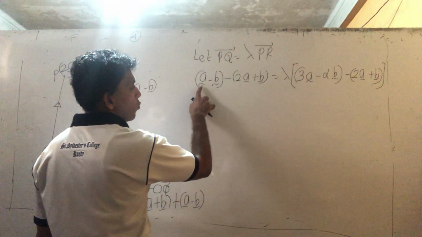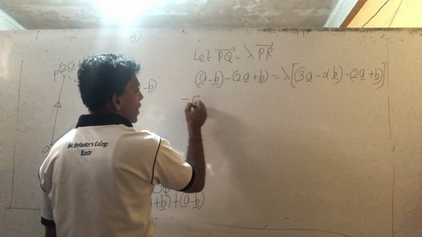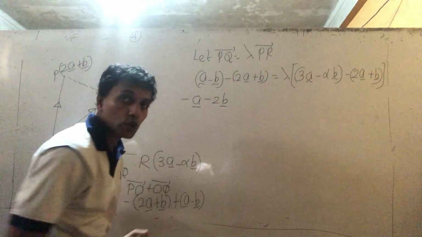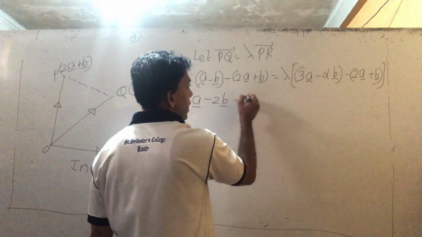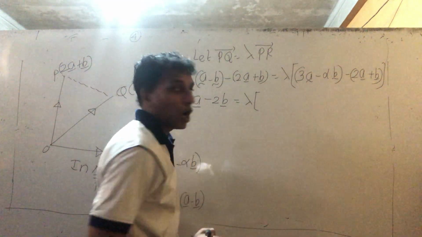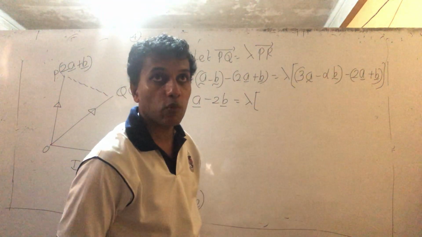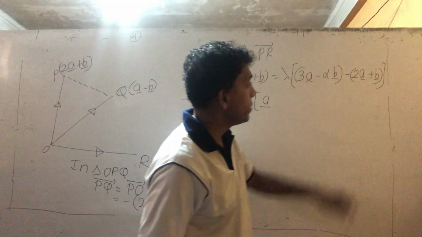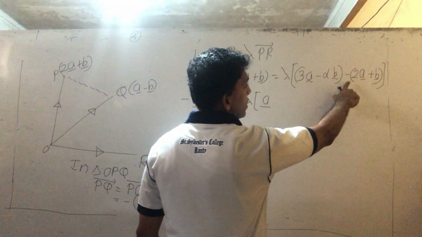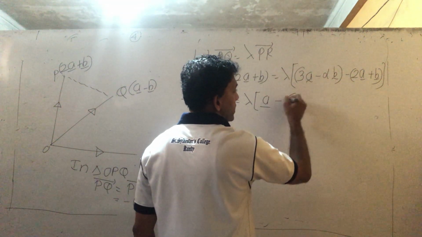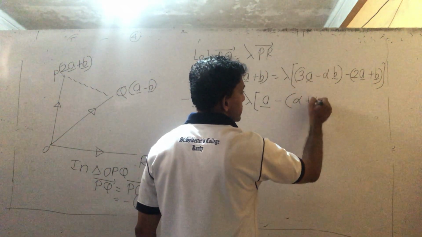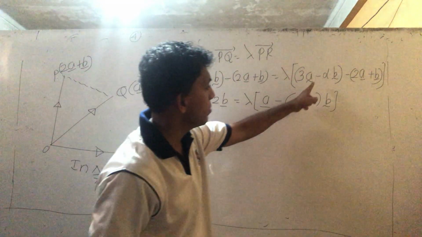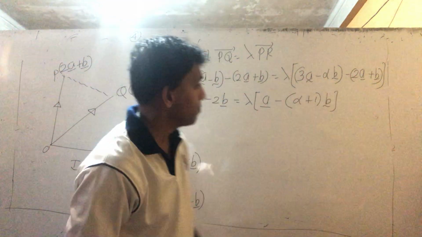Here lambda into how many? 3A minus 2A is 1 vector A, and for the B values, minus alpha B minus B. You can take the minus out, then alpha plus 1, okay.